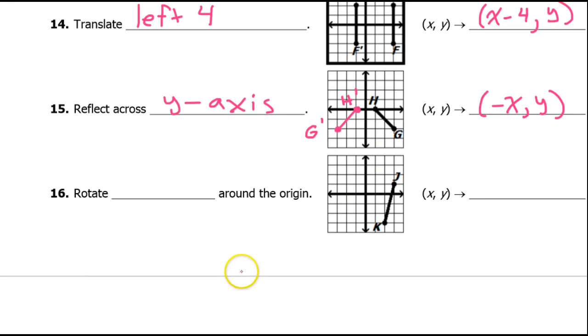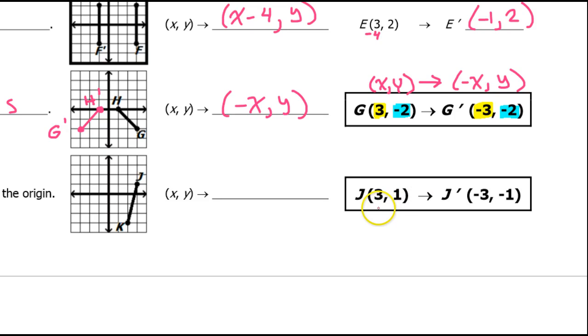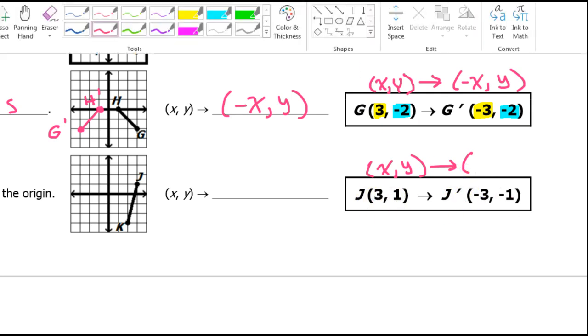All right, last one. Again, we are given the point and then the new point, the pre-image and then the image. We have to work backwards to figure out what the rule was. So let's think about a generic point x comma y and see what it will become based on what happened to point J. So let's track this.